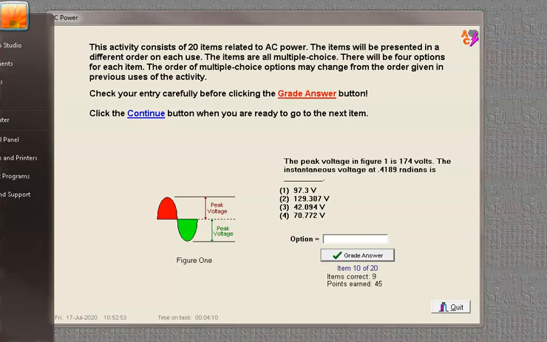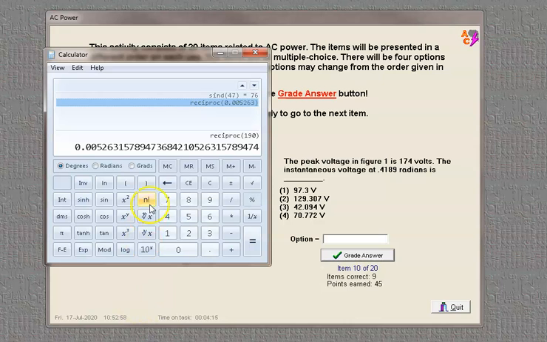First thing we need to do is convert radians to degrees. So we're going to use proportionality, and we're going to say that if we have 0.4189 radians, and that's equal to some certain number of degrees, when 2 pi radians, or 6.28 we'll go with, 6.28 radians is one trip around, one complete 360 degrees.